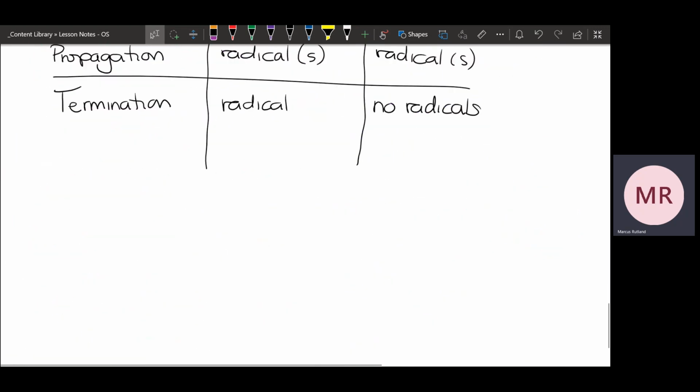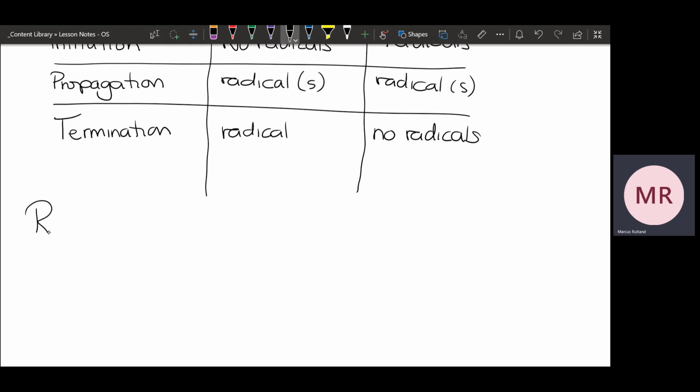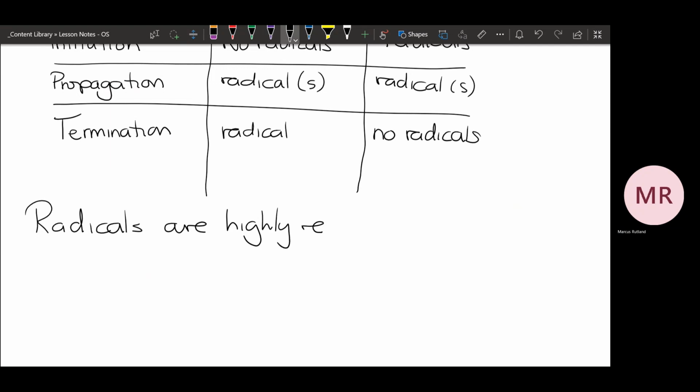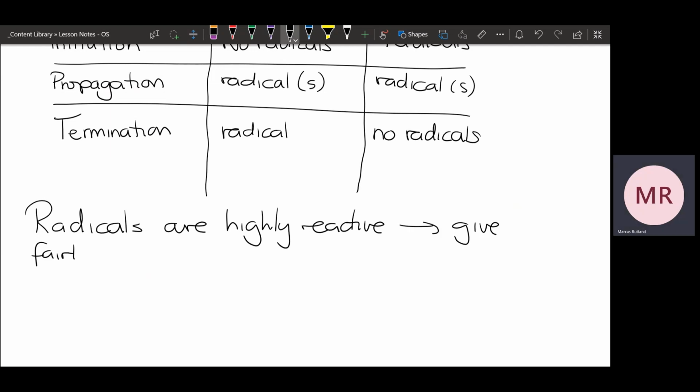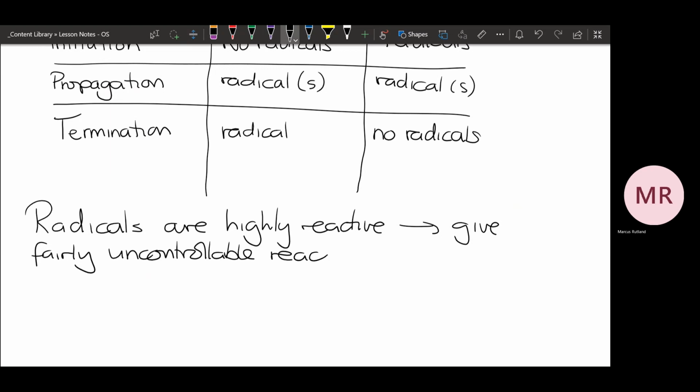So I'm just going to add a little note at the end. Radical reactions. Radicals are highly reactive. So they give fairly uncontrollable reactions, producing an unpredictable mixture of products.